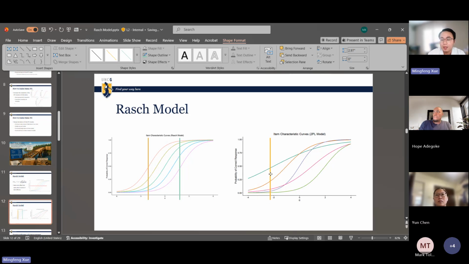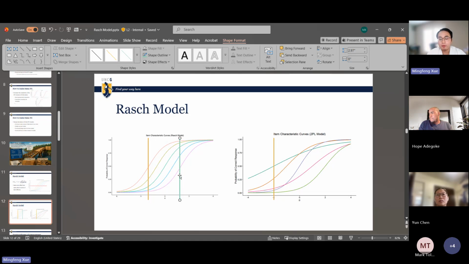For example, let's place it at -2 for respondent A in the 2PL. We find that the green item is more difficult than the orange item, and then the red item.